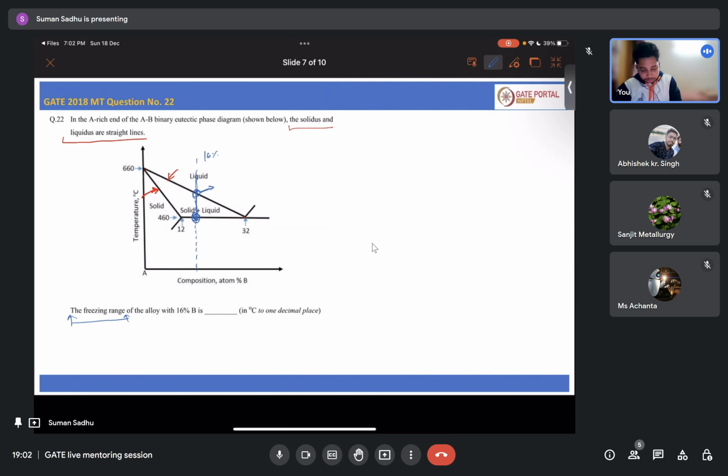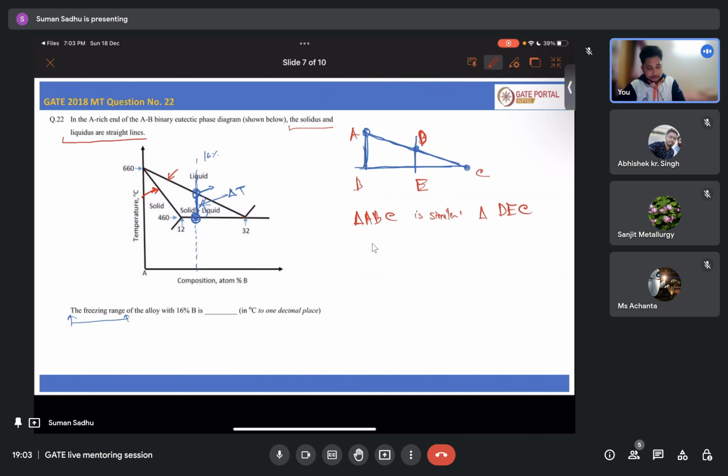So there are two options for calculating. Basically, it is geometry only. One point is this, one point is this, and this is one point. We need to calculate this distance. One way is to use the concept of similar triangles. So let's name the points A, B, C, and D, E. Triangle ABC is similar to triangle DEC, right?